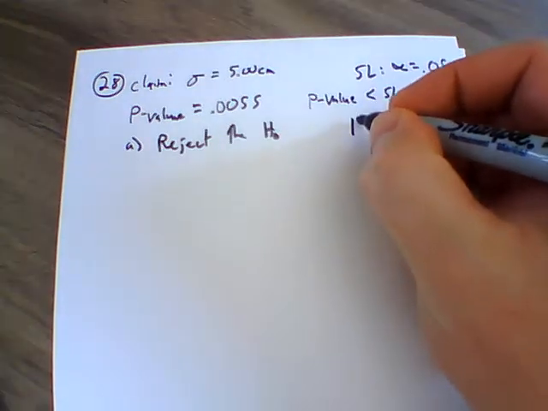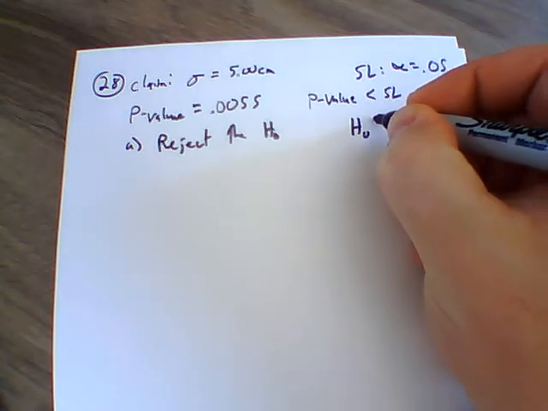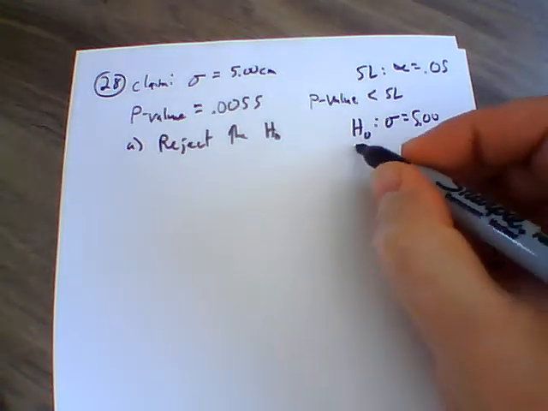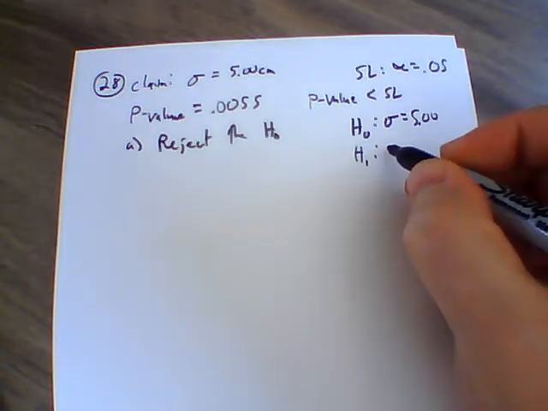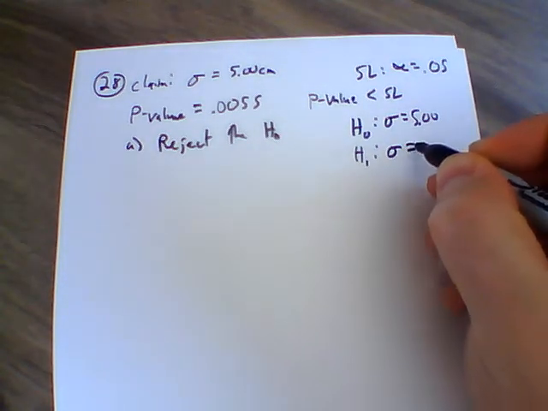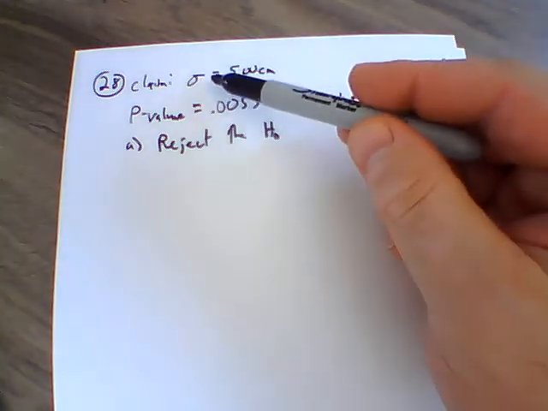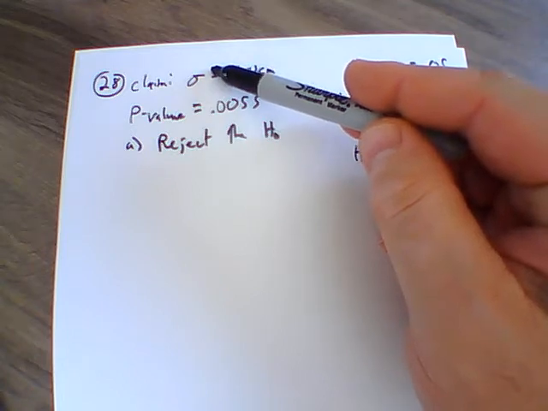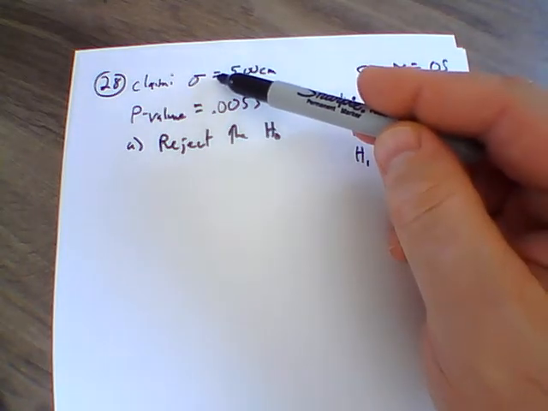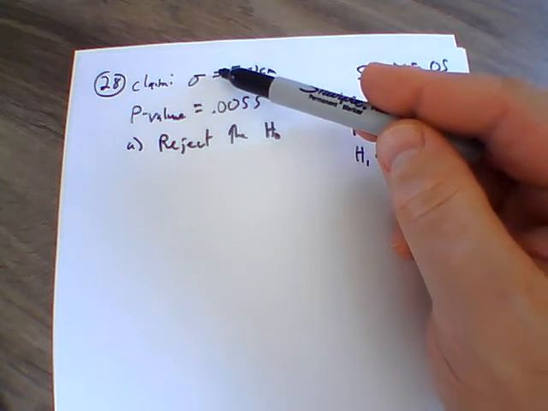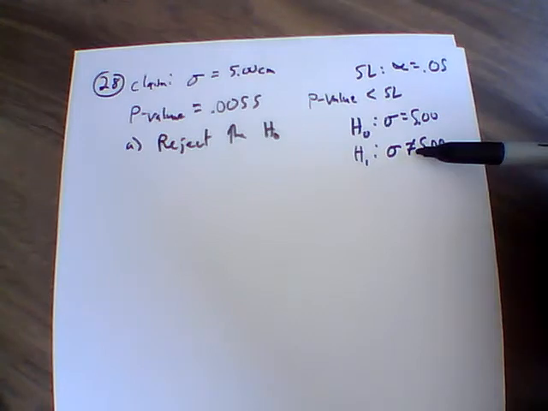So if we come back, we state our null hypothesis: standard deviation equals 0.500. Our alternative hypothesis would be the standard deviation does not equal 0.500. Once again, we can't say greater than or less than, because here the claim is equal. So the other version of equal or not equal is what the alternative would be.